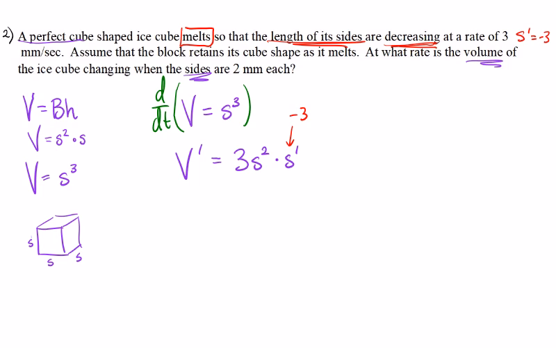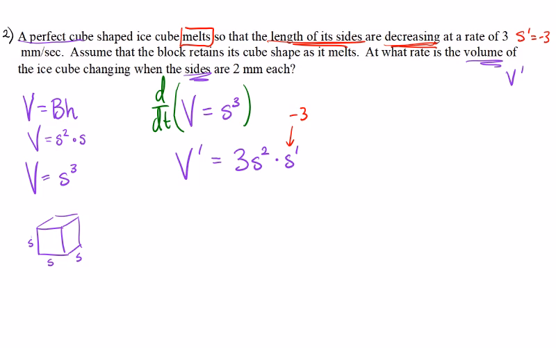Okay. All right. And then finally in the question, it says at what rate is the volume of the ice cube changing? So they're asking for V prime, right? At what rate is the volume changing?